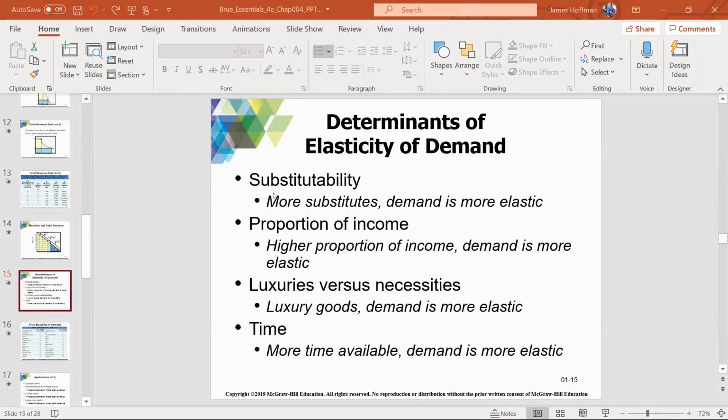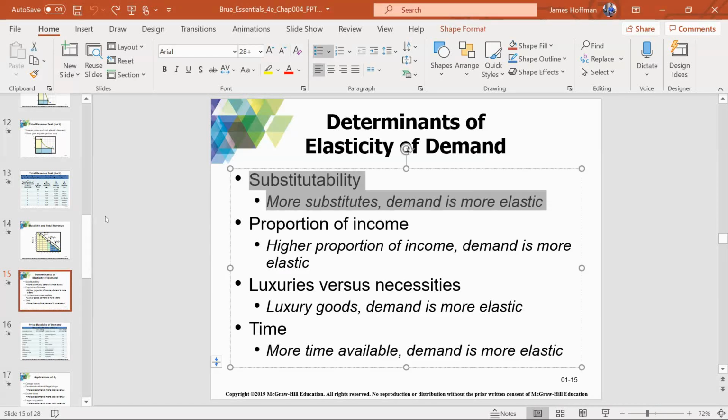In other words, these help determine if it's more responsive than other things. So the first thing should make sense. If there are more substitutes, if there's more substitutability, then it's more elastic because customers can switch to the other good that is a substitute. So the more substitutes available, the more elastic the good is.